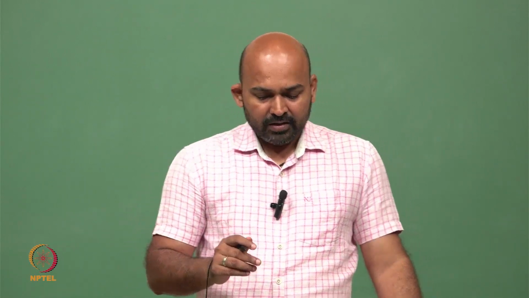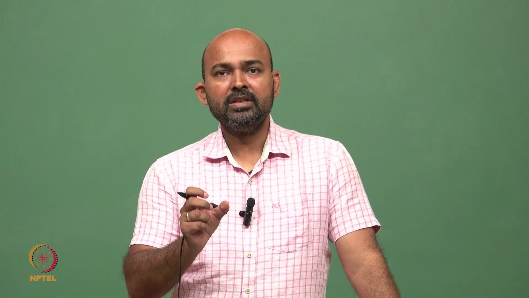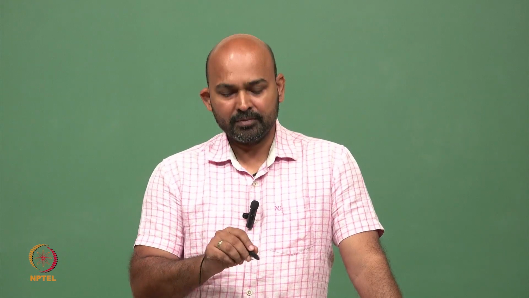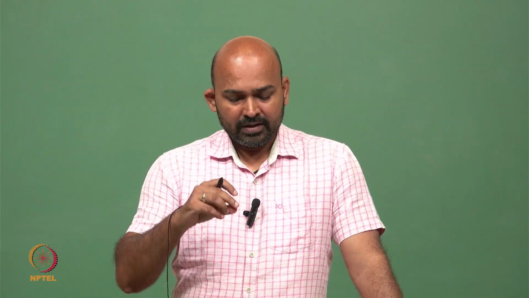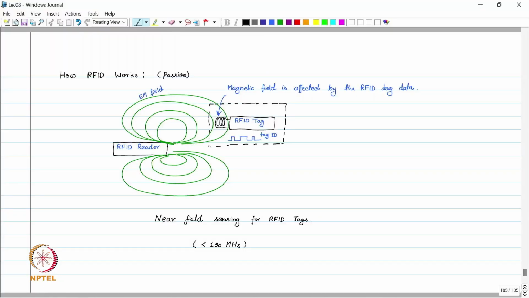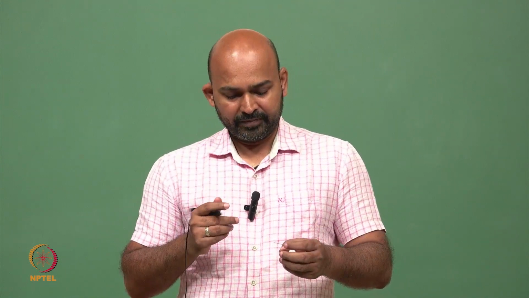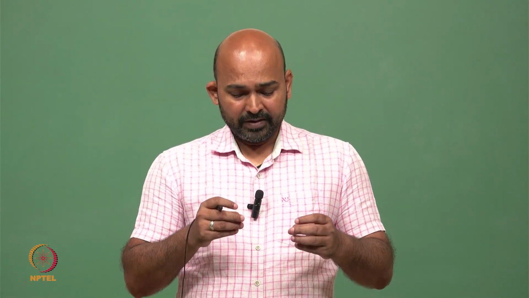When we have an RFID tag, this RFID tag is stored with a tag ID or a sequence of numbers which will be in binary form, let's say 011011, something like that. This tag ID is buried in the RFID tag, and this RFID tag may contain some sort of spiral structure which can be some sort of a coil.